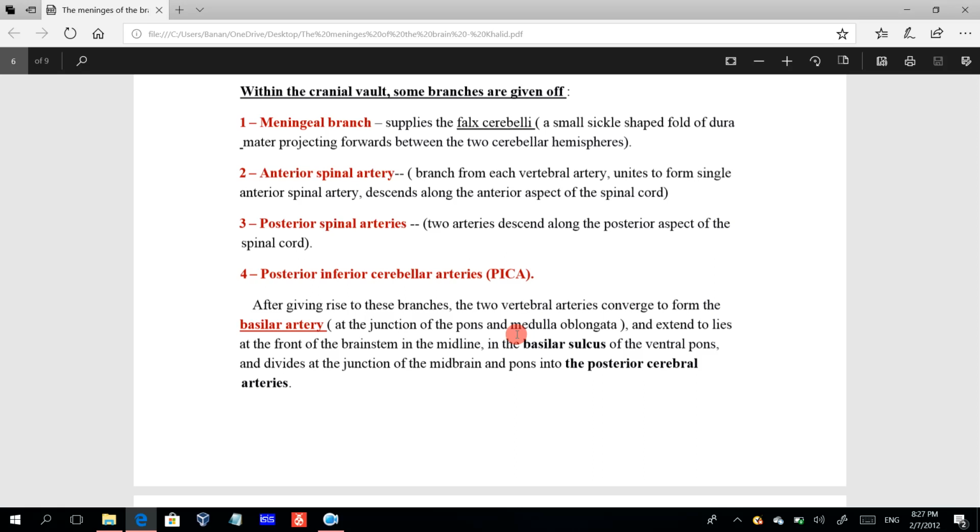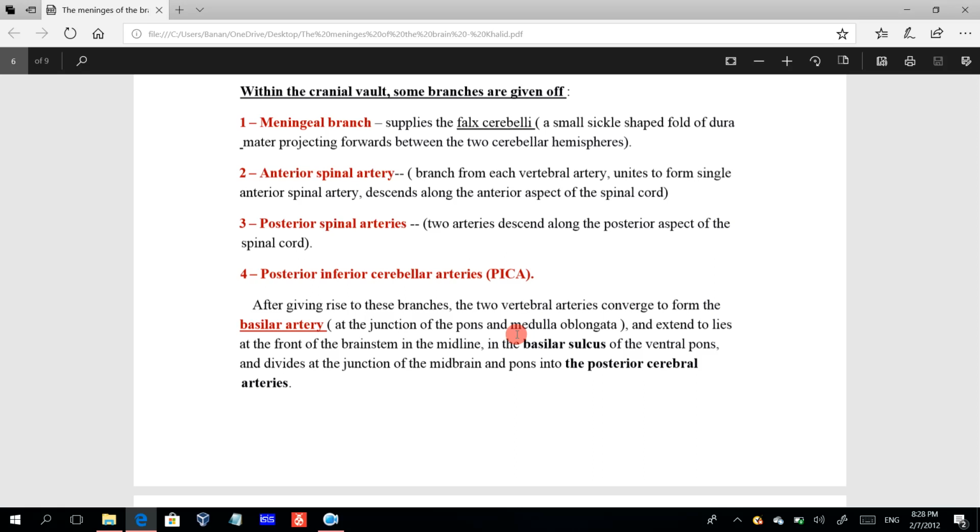And of course, this extends in front of the brainstem in the midline in a sulcus called the basilar sulcus, at the ventral aspect of the pons.